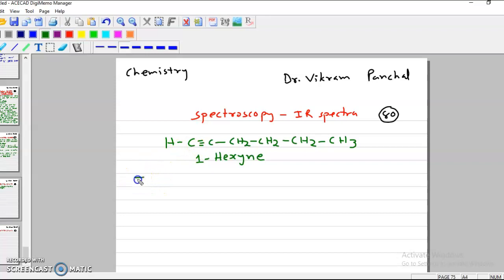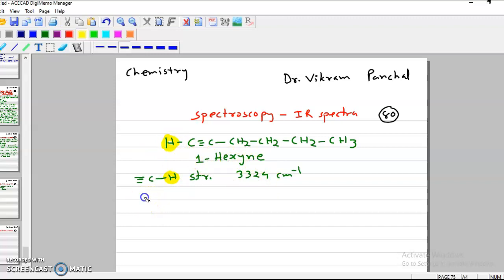So the triple bond CH stretching appears for this hydrogen, which will be at 3324 centimeter inverse. This band appears because of this one. This hydrogen and these hydrogens are the same. So the band due to CH stretching will be at 3324.